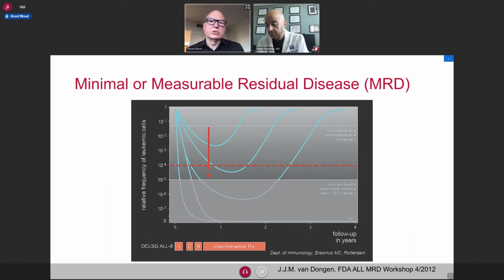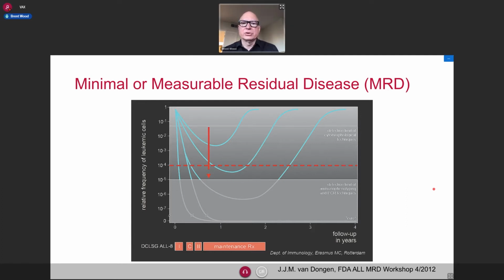We note that in patients with leukemia at the time of diagnosis, there are very large numbers of abnormal leukemic cells or blasts that circulate in the blood and within the bone marrow. And following initial therapy, the number of those leukemic cells hopefully will decrease in number. In some patients, this happens relatively rapidly, and it's relatively common for them to reach a point where one cannot detect the leukemic cells at any level, regardless of the technology that's used, as is shown on the left.